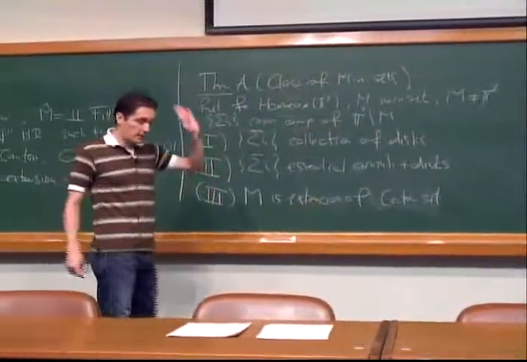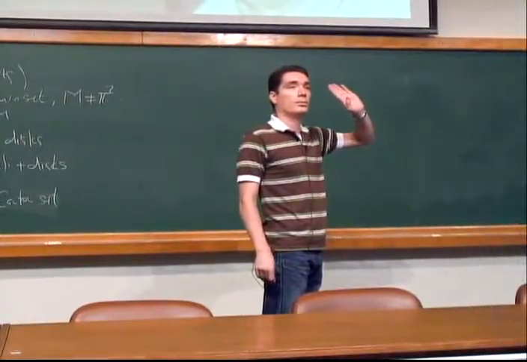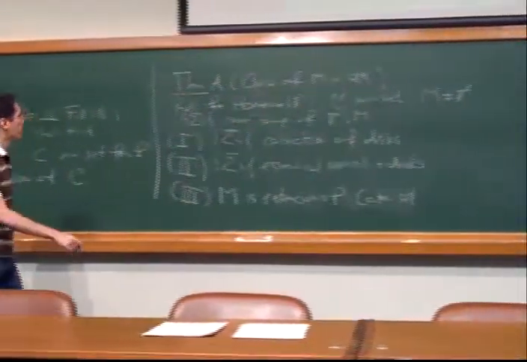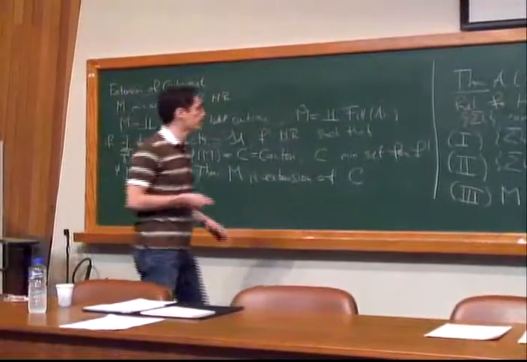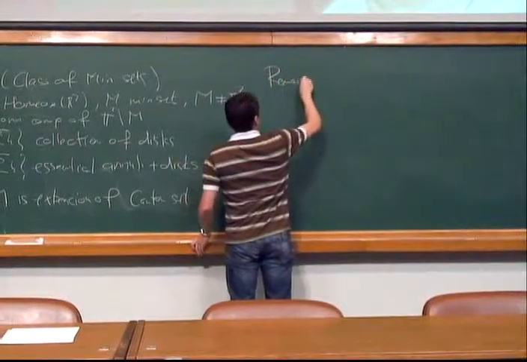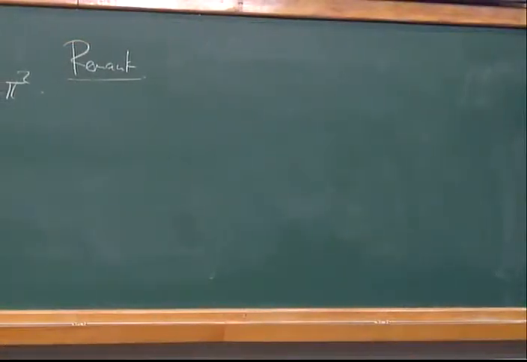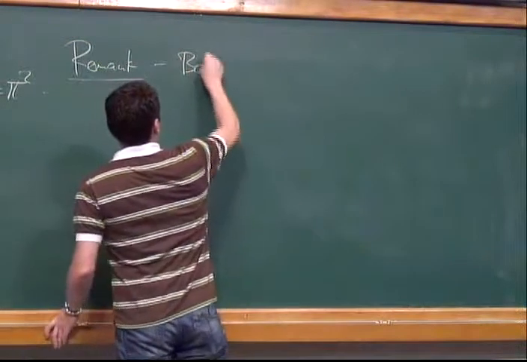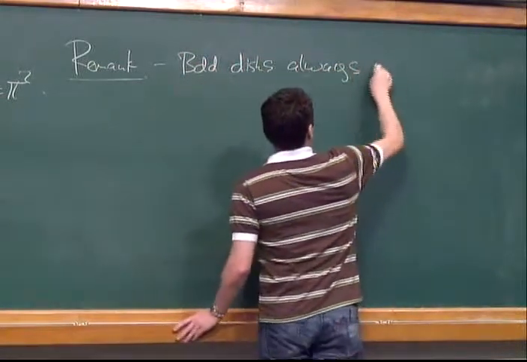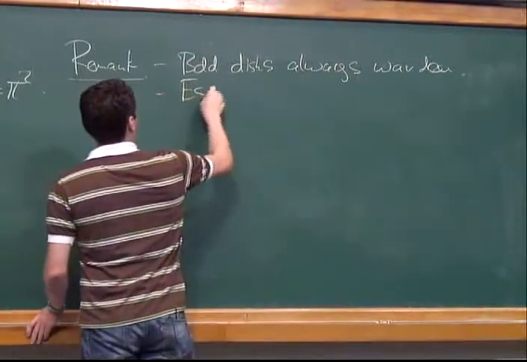Non-resonant means there's a single rotation vector which is fully non-rational. That's all. So let me make a remark. You can show, I'm not saying that here, but you can show that bounded disks always wander. Essential annuli always wander.